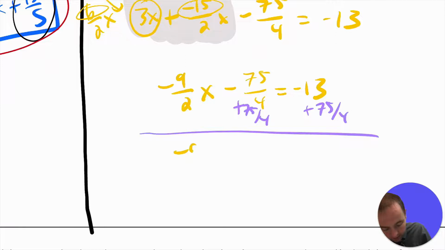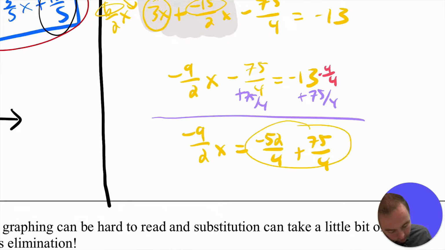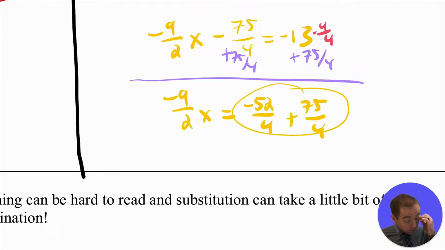Then we'll have -9/2 x is equal to... To add -13 with 75/4, we'll need common denominators, of course, to add the fractions. When you use the common denominator of 4, 13 times 4 is 52, so -52/4. Then when we add those two numbers together, 75 minus 52 is going to be positive 23/4.